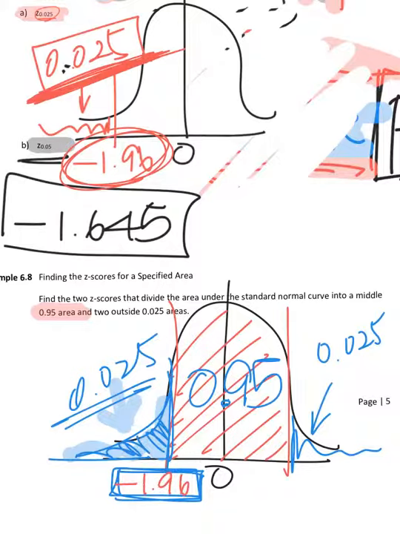You can try again on a z-table. Let's look for the probability 0.025 exactly. Then you can find the probability 0.0250 at negative 1.96. Okay? And also, we need the right one. We need the other z-score.